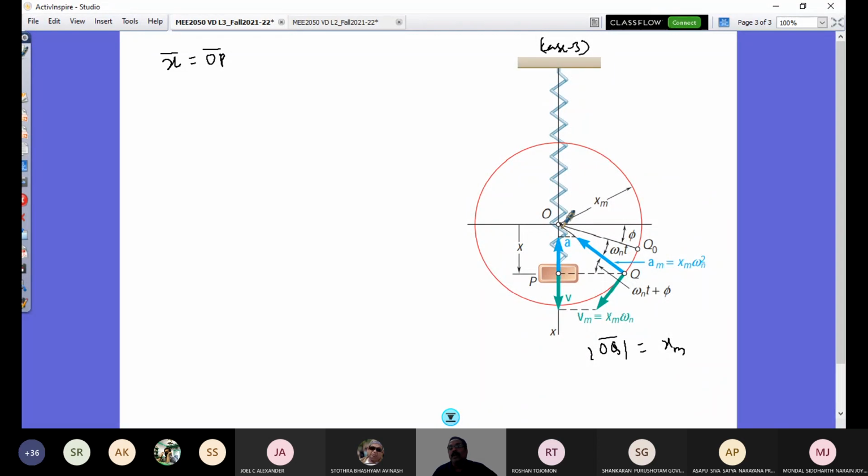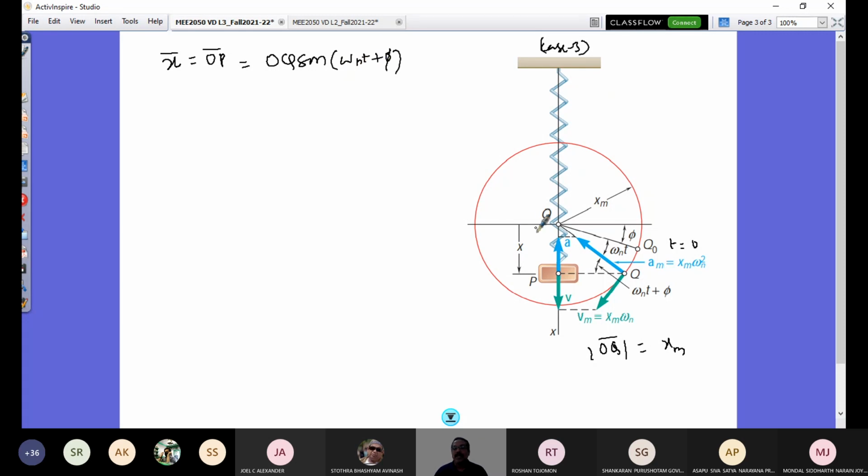So look at this OQ naught at t equal to 0. We have also looked at the compact form, and that is going to be useful now. And here OP will be OQ sine omega nt plus phi.